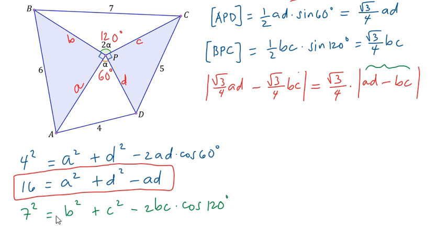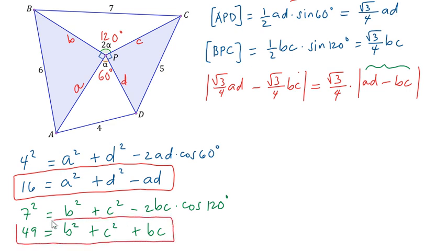So, the equation can be written as 49 equals b squared plus c squared plus bc. Okay, so we have now our two more equations that contain AD and BC.